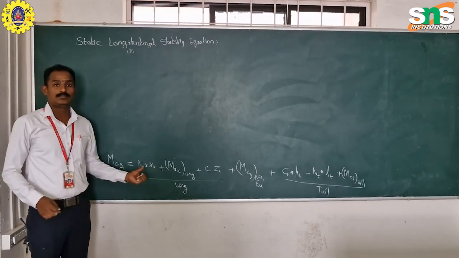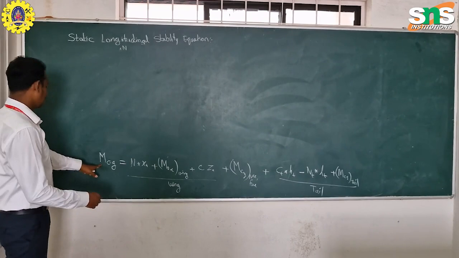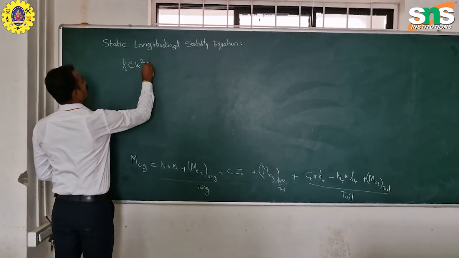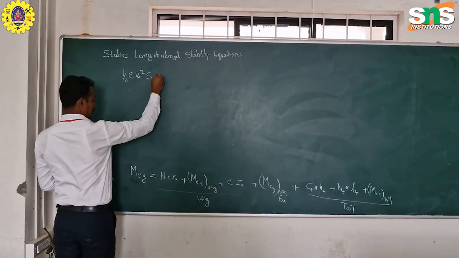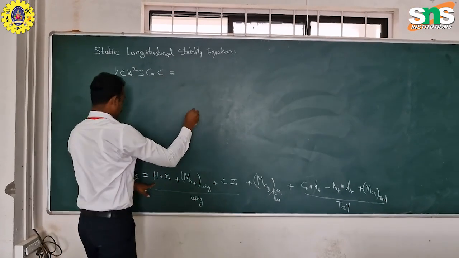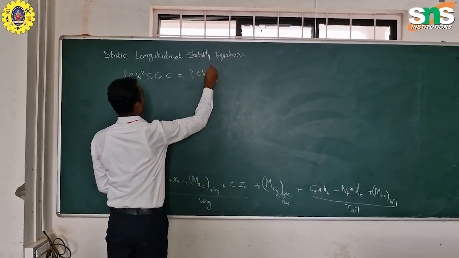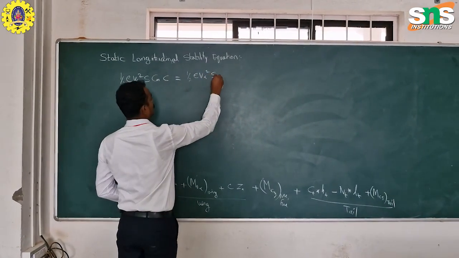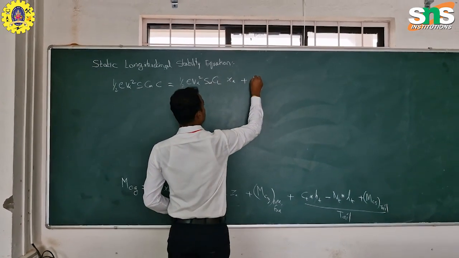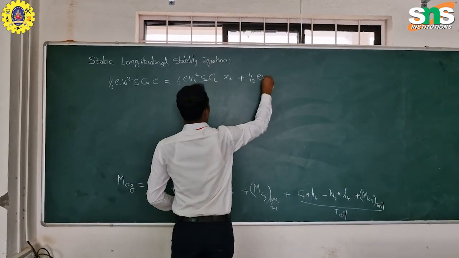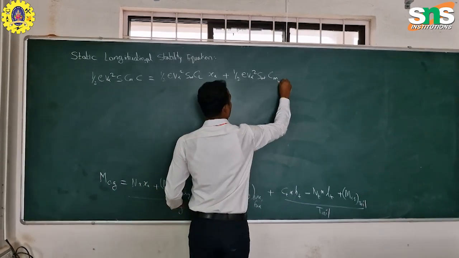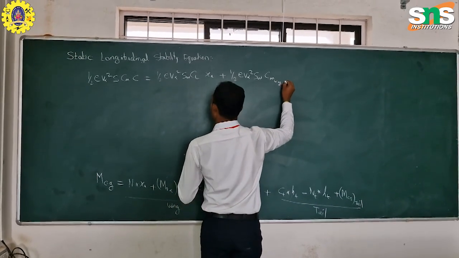So now we write these force equations in terms of coefficients. We replace these moment equations with half rho V squared S c times C_m, equal to, for the normal force, half rho V squared S_w C_L times h_ca, plus a portion of the moment, half rho V squared S_w C_m for the wing, times the chord of the wing.